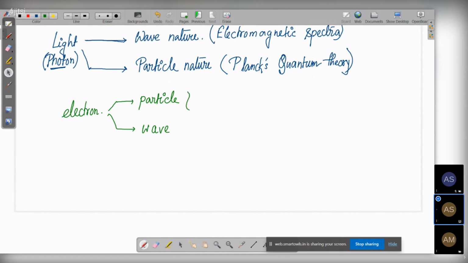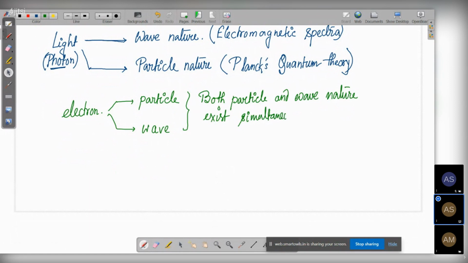Okay, so that means we can write over here that both particle and wave nature exist simultaneously in subatomic particles.